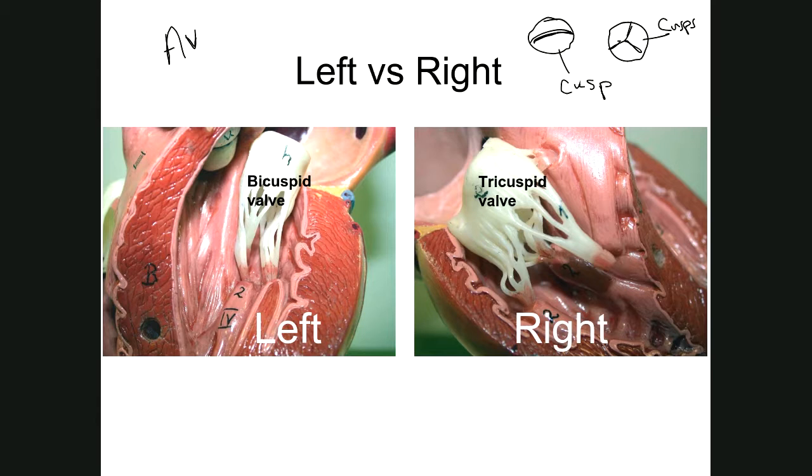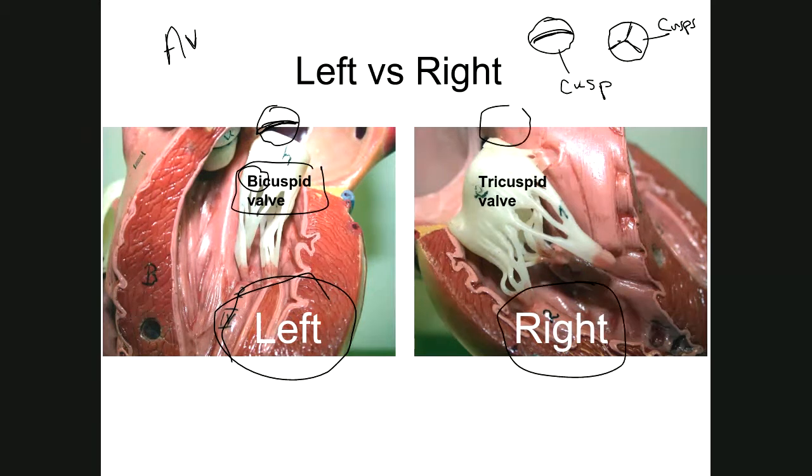If we look at the left AV valve, it only has 2 cusps. So it's the one that looks like this. And the prefix for 2 is bi, so it's called the bicuspid valve. But if we look at the one on the right, it's the one that looks like this.